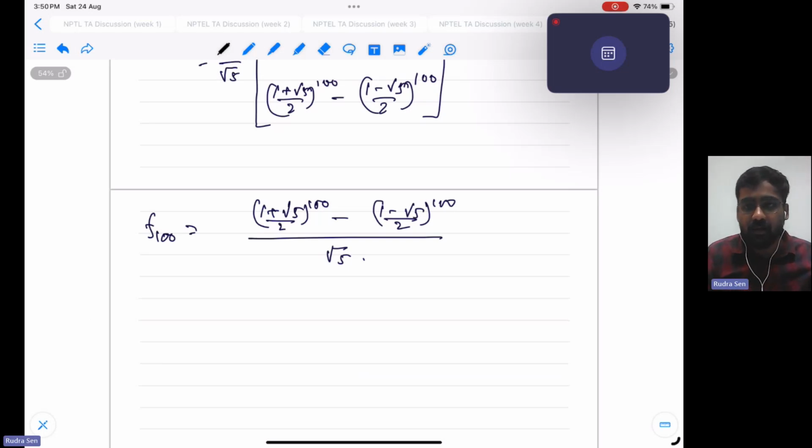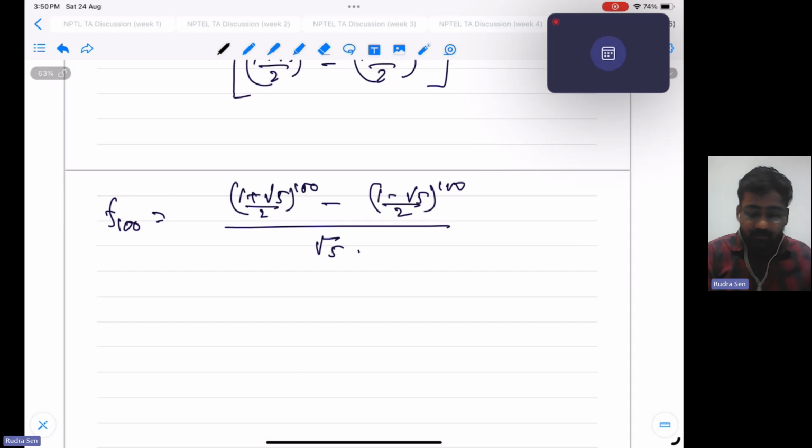So this is how we basically use diagonalization to ease our calculations. Okay.